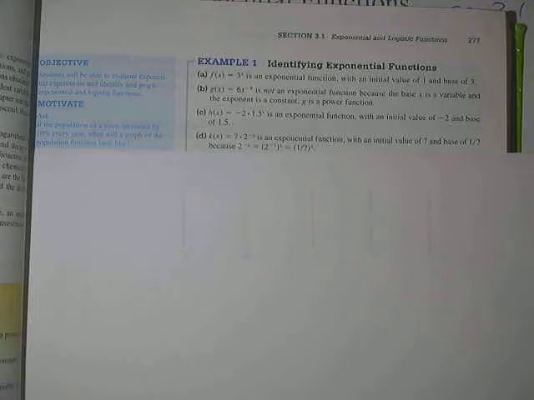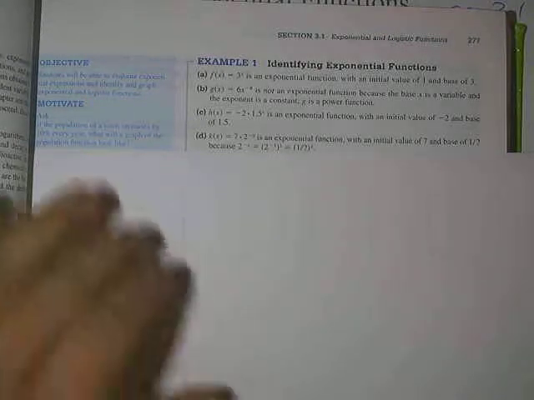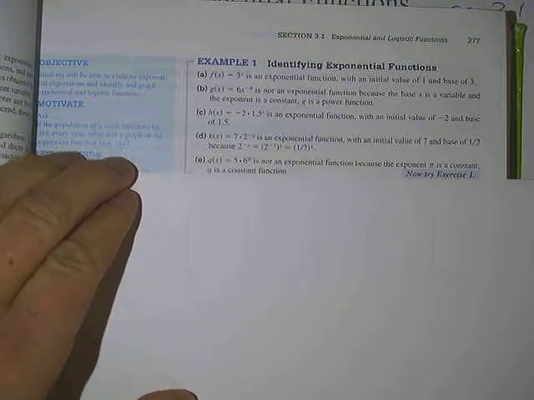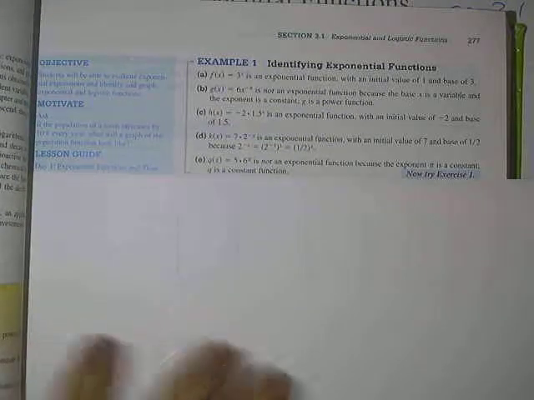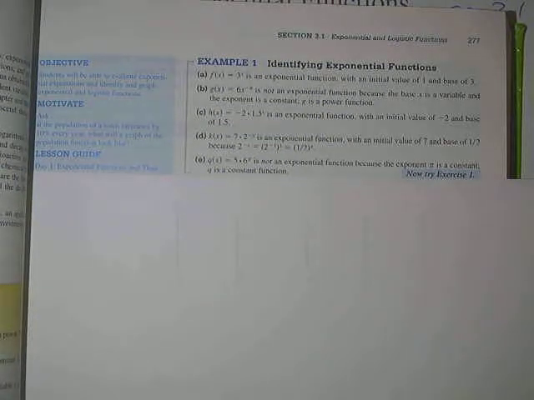But that also qualifies because we could rewrite the 2 to the negative x as 2 to the negative 1 times x. And remember, 2 to the negative 1 by our properties of exponents is 1/2. So we could rewrite that as 1/2 to the x. So that would qualify because we could put it in that form, a times b to the x.